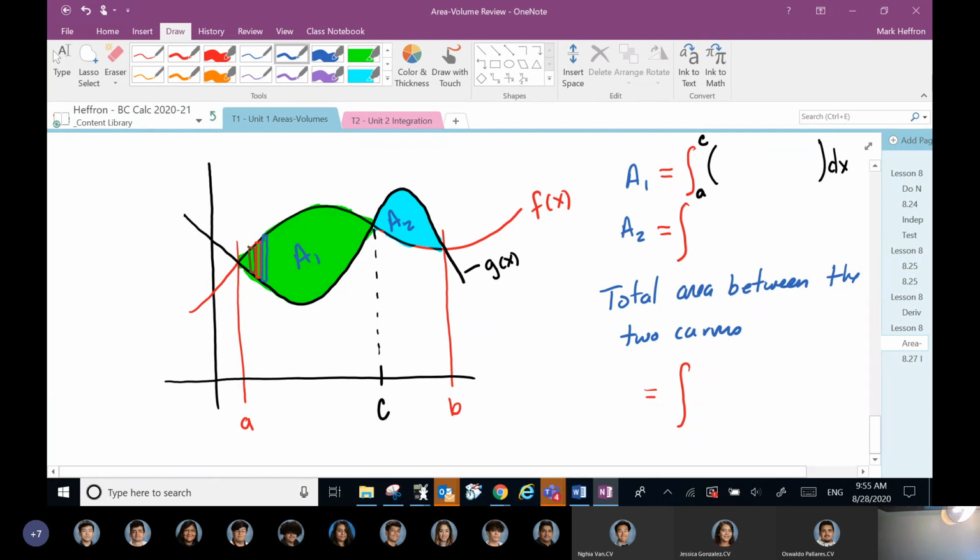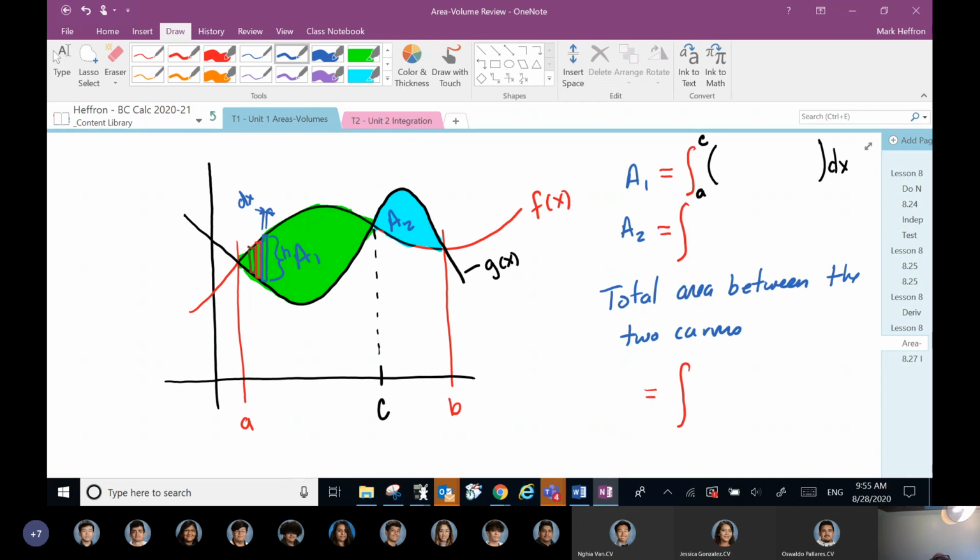Manuel, any idea? And the thickness of this rectangle is dx. What would be the height? Go ahead, Anna.